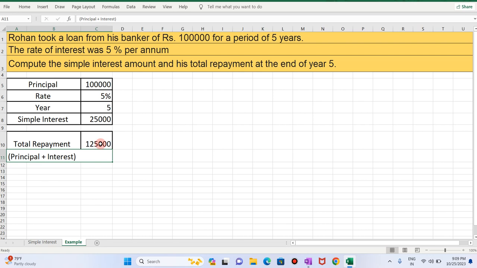That extra is nothing but the interest which he is paying to the bank for using 1 lakh rupees for 5 years. Okay, so I hope you have understood this example, how we have calculated simple interest and the total repayment amount for Mr. Rohan. So in this way students, you have to calculate simple interest in the Excel sheet.